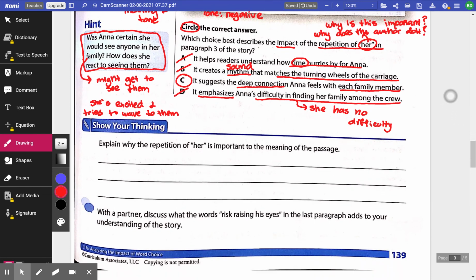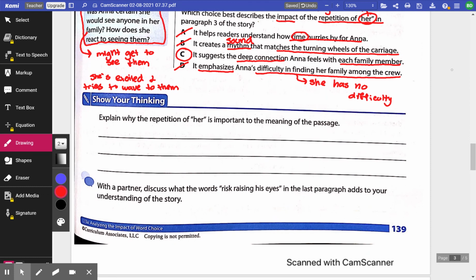All right, so now let's move on down to the show your thinking section. Our show your thinking writing prompt says to explain why the repetition of "her" is important to the meaning of the passage. So we are looking at this word "her" again, which we have been dealing with in the passage, in our multiple choice, and again in our writing prompt.